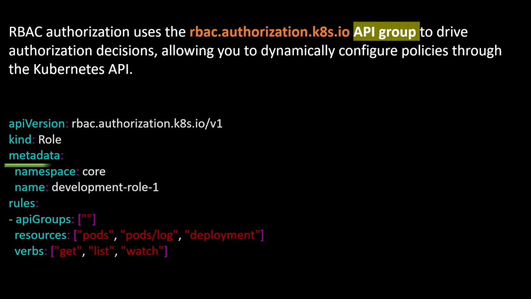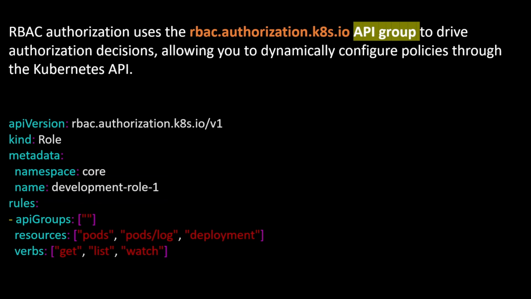Inside this metadata, we specify the namespace. As I said previously, a role object is a namespace object. Thus, we are going to create this role beneath the core namespace. Next is name. Here we define the name of this role so that we can identify it.